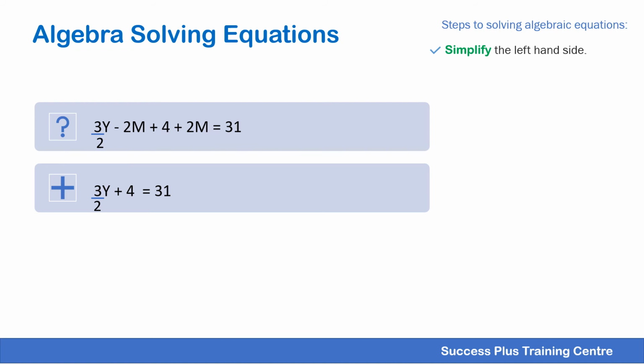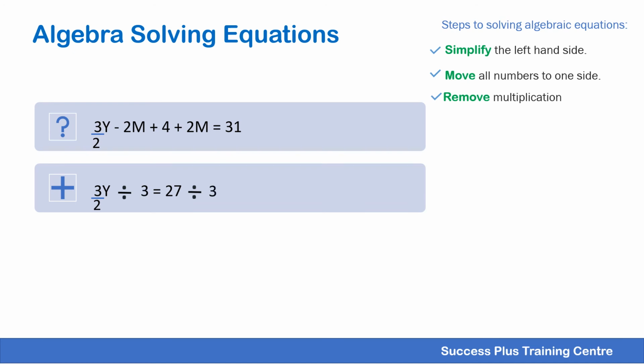Starting with the first step, simplifying the left-hand side of the equation leaves you with 3y divided by 2 plus 4 equals 31. The second step is to move 4 to the other side of the equation. To do so, I need to use the inverse of addition, so I need to take away 4 from both sides. This leaves me with 3y divided by 2 equals 27.